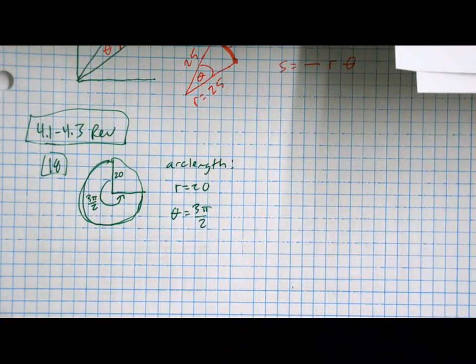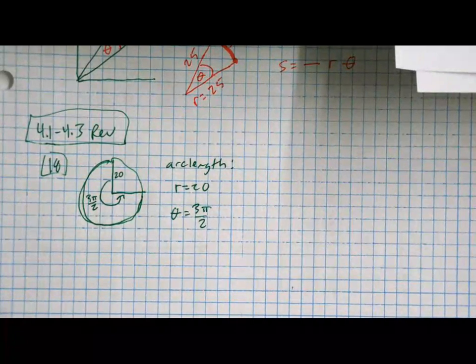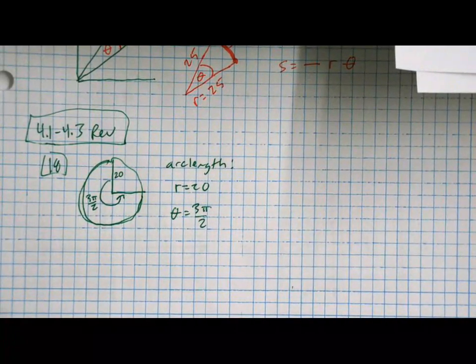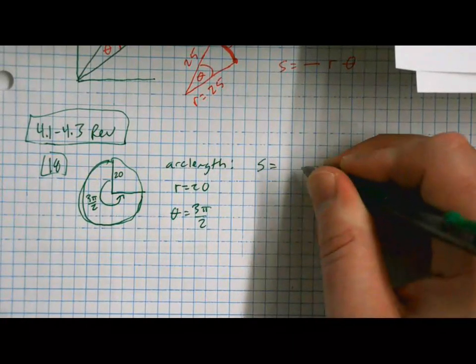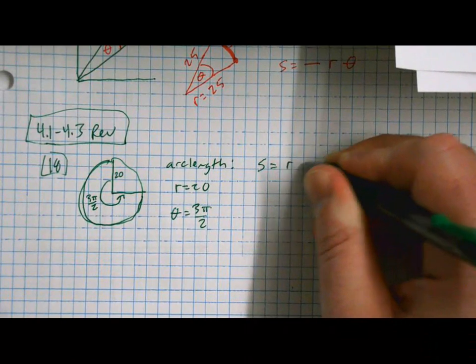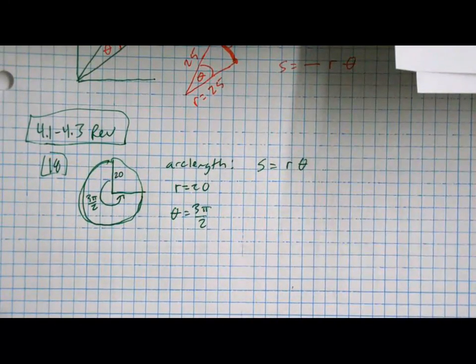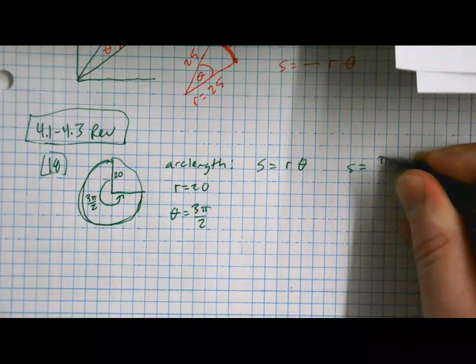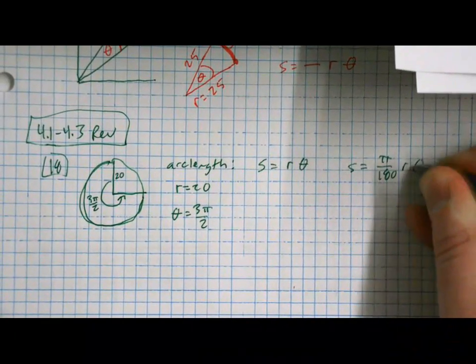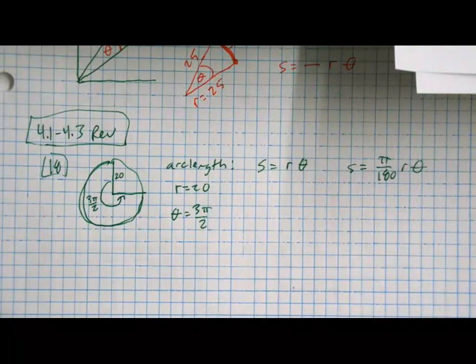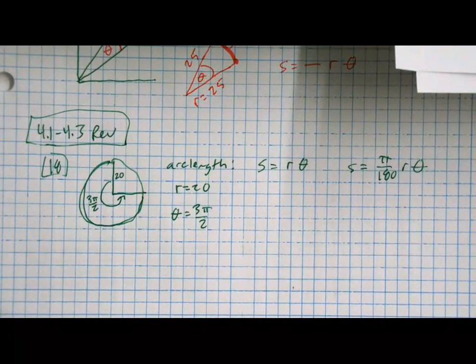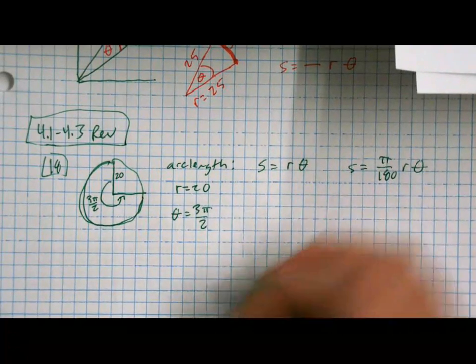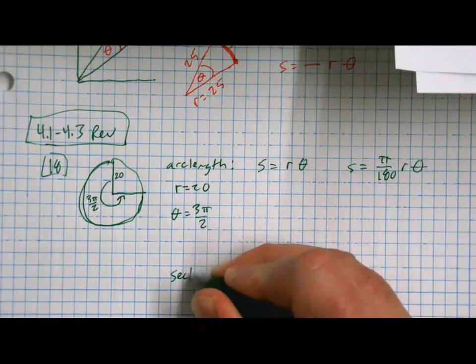So you just need to know the formula. This is just plugging into a formula. S equals, and it depends on whether your angle is in radians or degrees. If it's in radians, it's just that one. If it's in degrees, it's pi over 180 times r theta. I need you to know those. And those of you who are doing CWU, you also need to know the sector area.